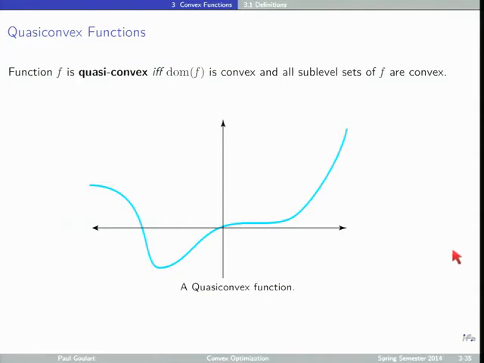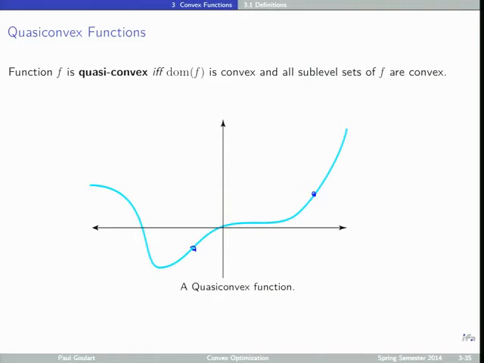So the important thing to remember is that the level sets and the sublevel sets are defined in terms of x. They're not defined in terms of the value. So if I take a function, this blue one here, this is not a convex function, because if I draw a line between here and here, I don't stay below the blue line always.